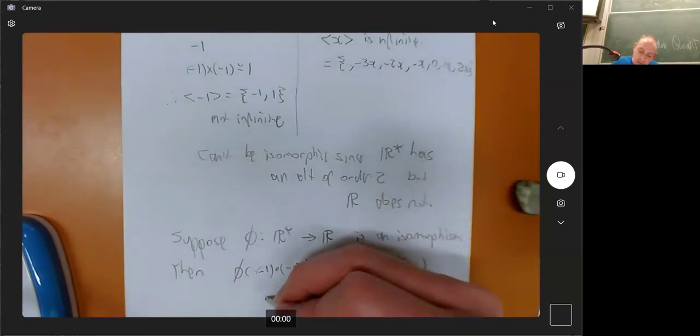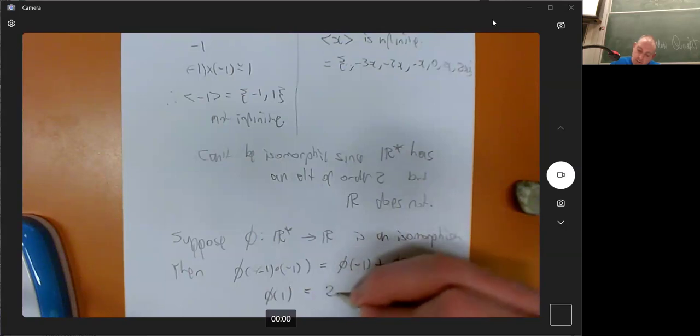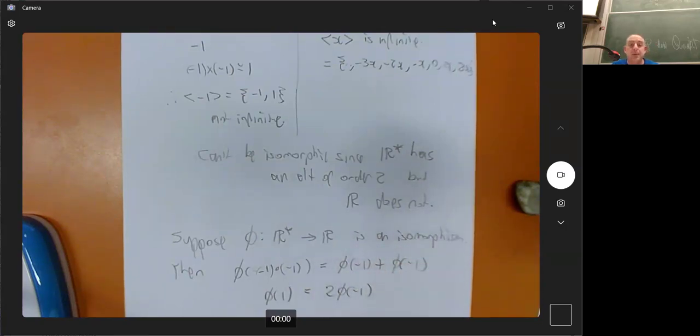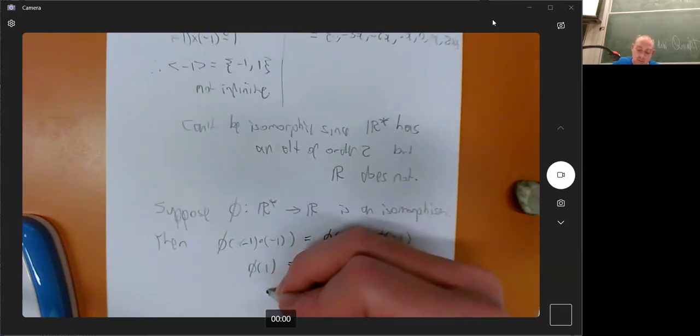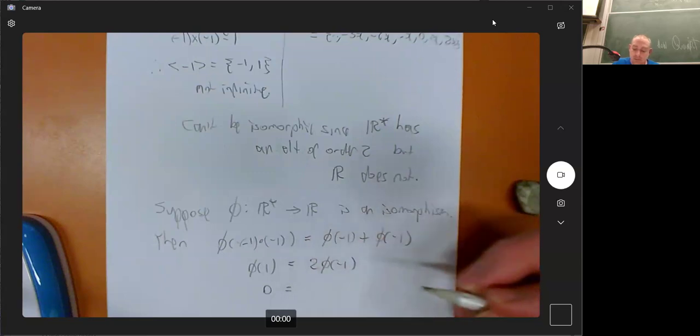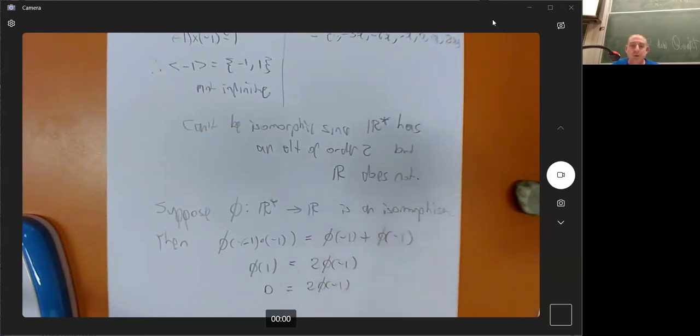And that would be phi of 1, which would be 2 times phi of minus 1. And this would be 0. And that would only be true if phi of minus 1 was 0. This is a whole different way of doing the argument. Which it cannot be true because phi of 1 is 0 and it's a one-to-one function.